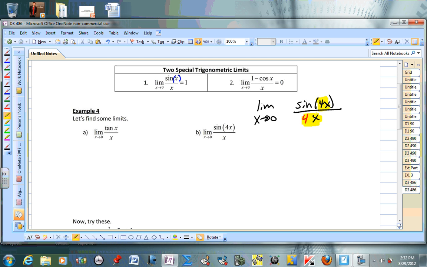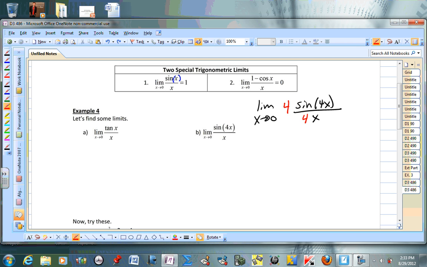Everything is fine. Unfortunately for us, we can't just put a 4 in the denominator. That would change the value, and we're not allowed to do that. But we are allowed to do this. Putting a 4 in the denominator makes us divide by 4. So now if we multiply by 4, we're multiplying by 4 and dividing by 4. So really, we're multiplying by 1, which doesn't change any values.